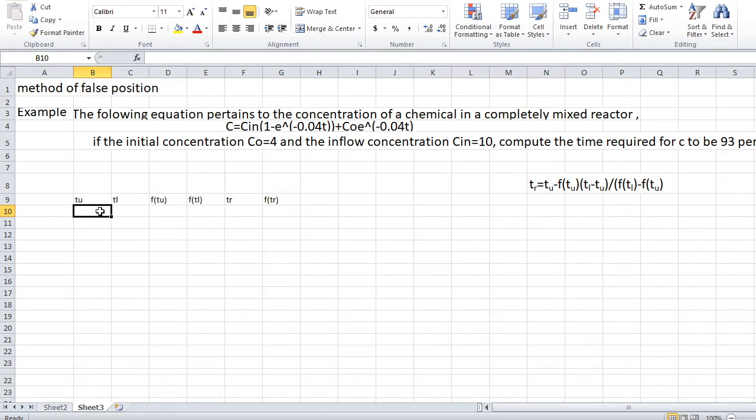So we guess in the method of false position. First we guess 2 points and we say that the root lies in between these two initial guesses. But if we get the values of the function both positive, then we say that the root doesn't lie in between these intervals.